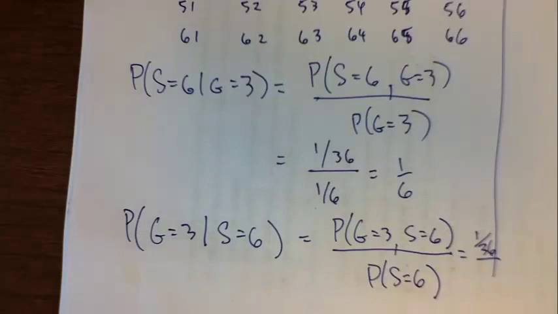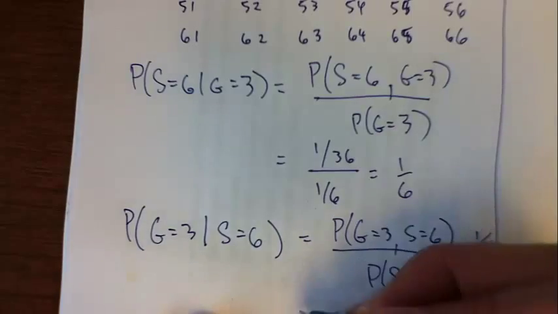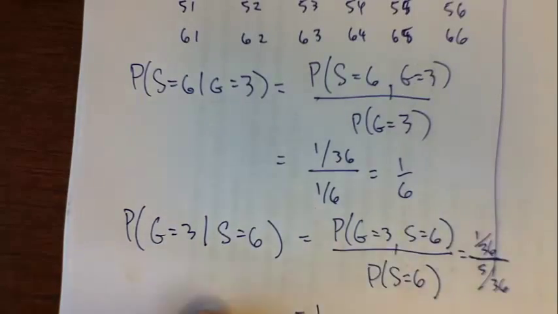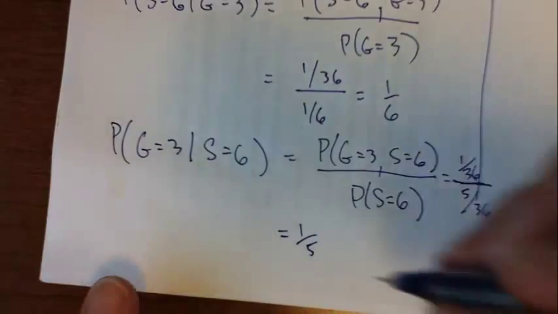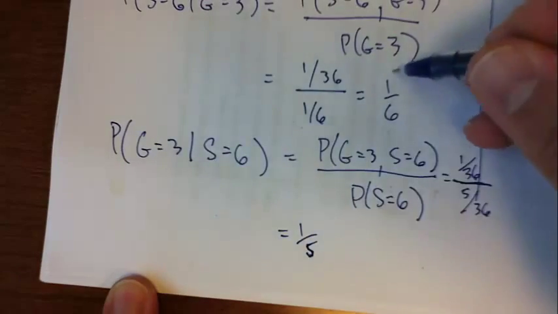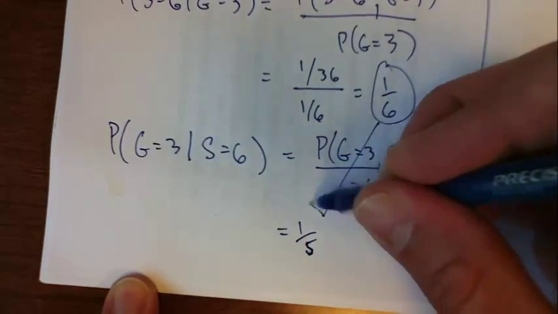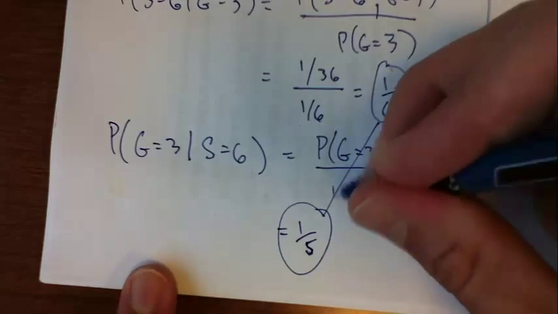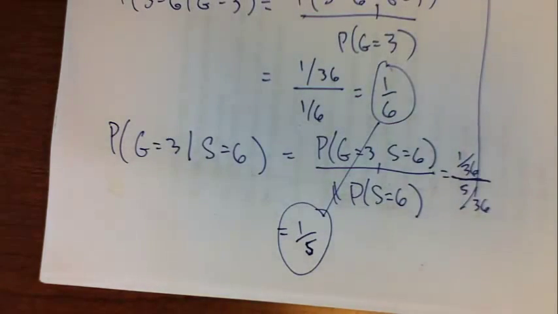What's the chance that the sum is 6? How many ways can you get a 6? 5 ways, right? Divide that by 36. This is a 5th. Okay. And that's okay. So the observation here is that these two things are not the same. They're not the same. That's okay.